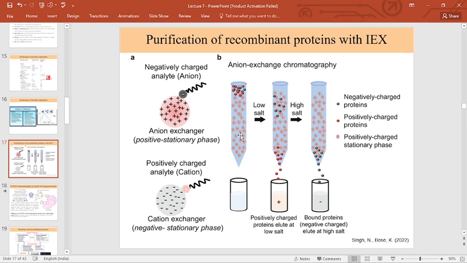So initially all the positively charged proteins come out, then all the neutral proteins come out, and only finally when you increase the salt concentration and decrease the electrostatic interaction between the positively charged matrix and the negatively charged analyte do the anions, the negatively charged analytes, come out, right? So this is the entire story of IEX.